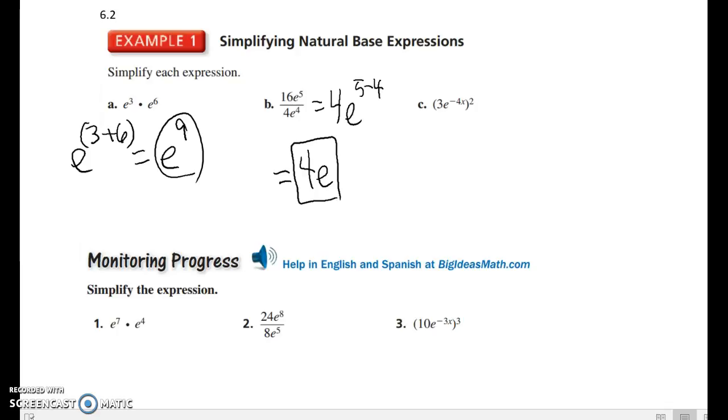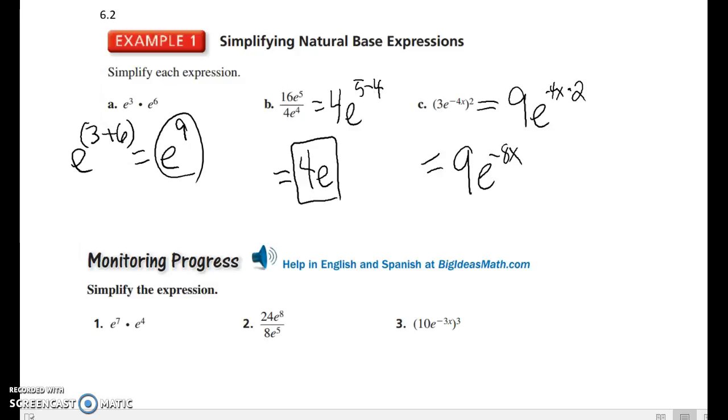And then this last part, part C, we want to square everything. So if I square, 3 squared is 9, e to the negative 4x times 2, so we do negative 4x times 2. That's going to be 9e to the negative 8x.